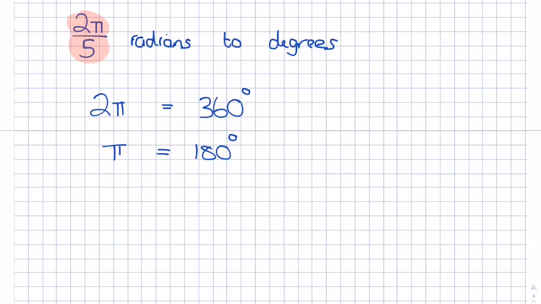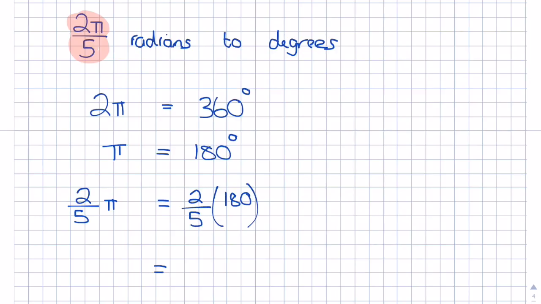So if I get 2/5 of pi, I multiplied the left by 2/5. So what do I have to do to the right? I have to multiply the right by 2/5. And basically that's going to be 2 by 180, which is 360.